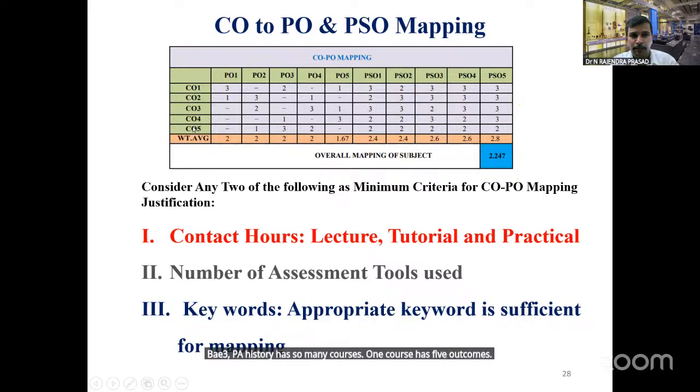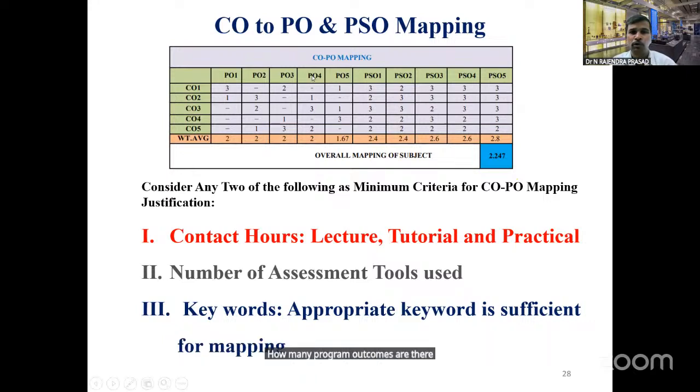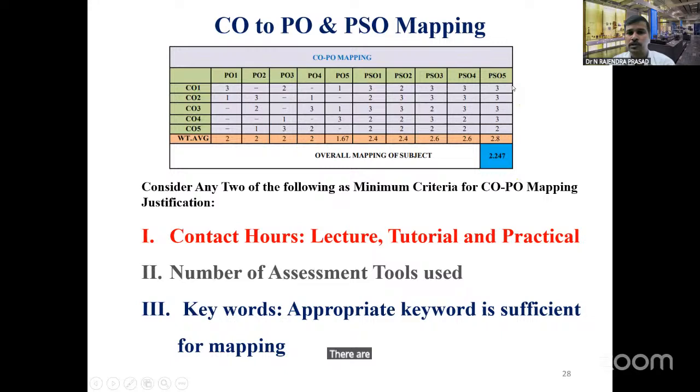In that particular course, the course outcomes are mapped with the program outcomes and program specific outcomes of the BA, BSc or BBA program. How many program outcomes are there? PO1, PO2, PO3, PO4, PO5. There are 5 program outcomes and 5 PSOs, program specific outcomes.